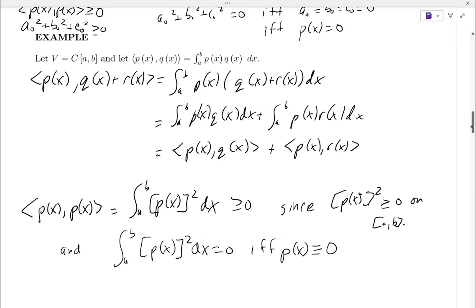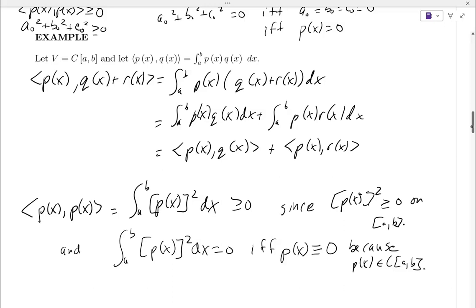Again, if we want to emphasize that we're saying the function's always equal to 0 and not just equal to 0 sometimes, we use that equivalence bar, that extra bar on there, like it's an equivalence relation idea. Okay, this is because p of x is continuous. If we weren't allowing continuous functions, that wouldn't work.